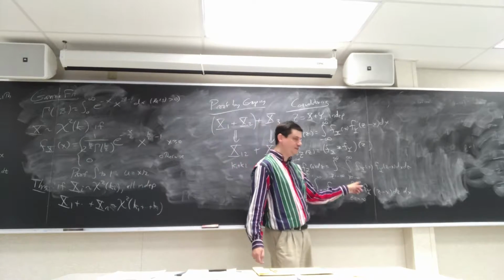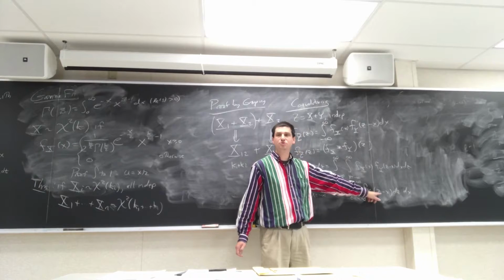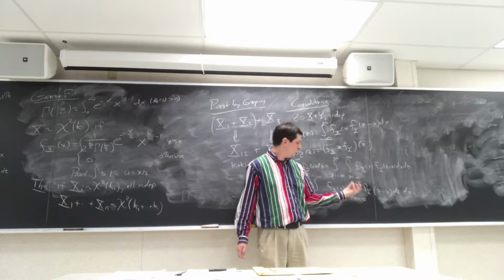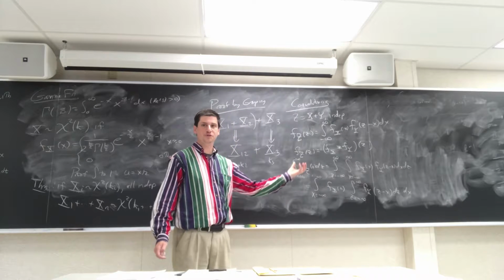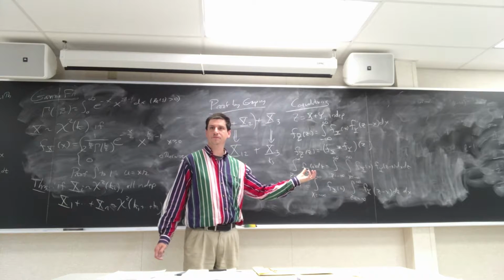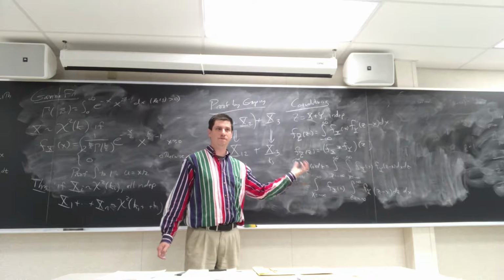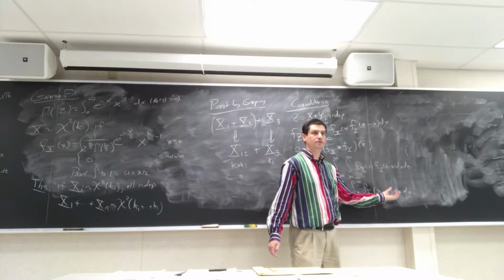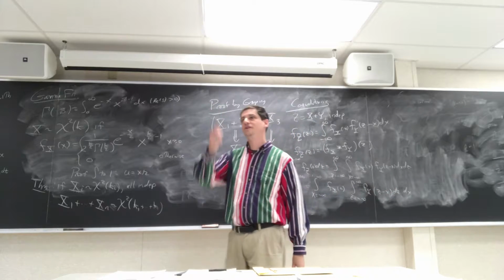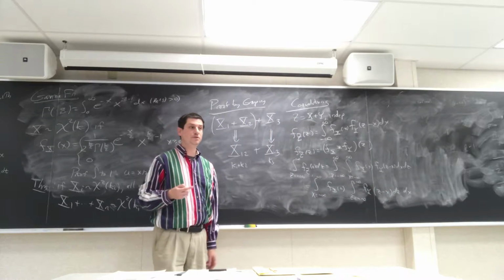Well, let's look at the second integral. So z goes from minus infinity to infinity, and for each z I'm just subtracting x. So as z ranges from negative infinity to infinity, what does z minus x range from? You have fixed x. What does z minus x range over? Yes? Negative infinity to infinity.